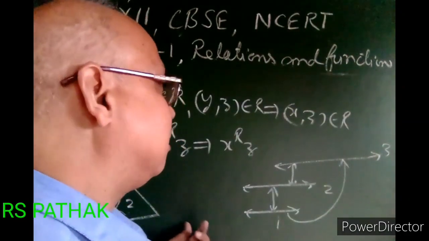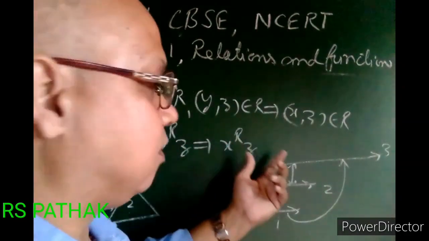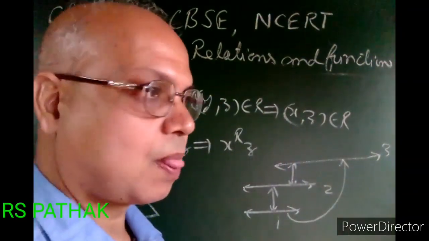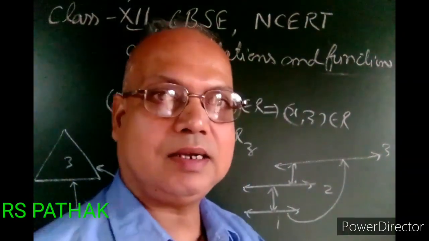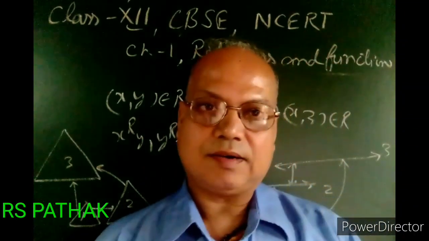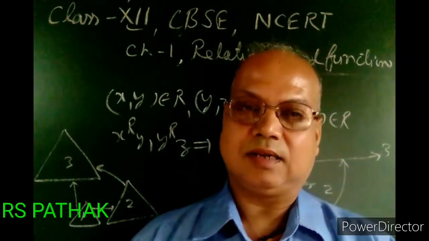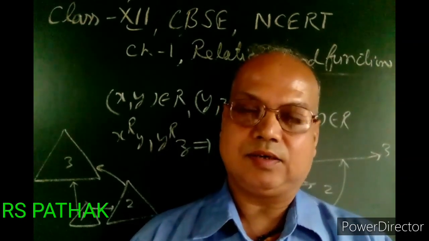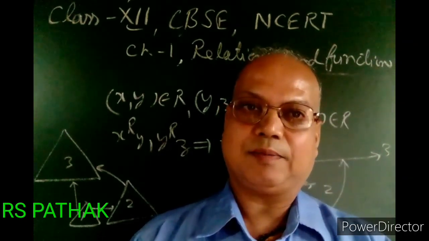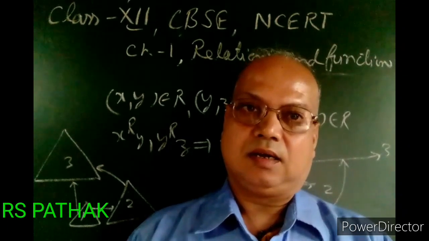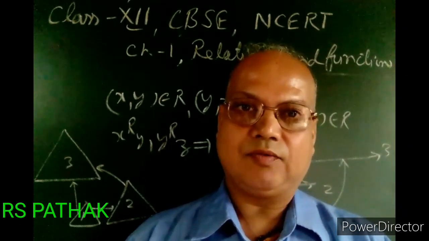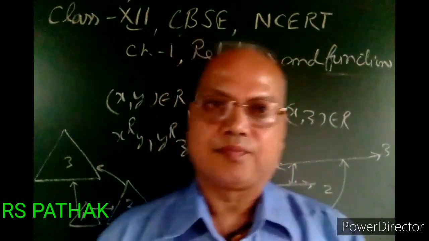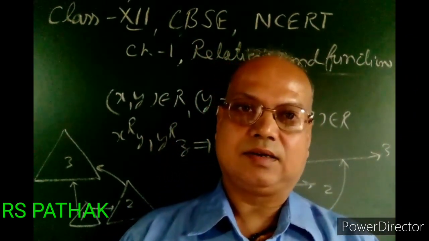Therefore, it satisfies transitive relation. And when all three relations, reflexive, symmetric, and transitive, are satisfied together, that is called equivalence relation. I will explain it in my next video.